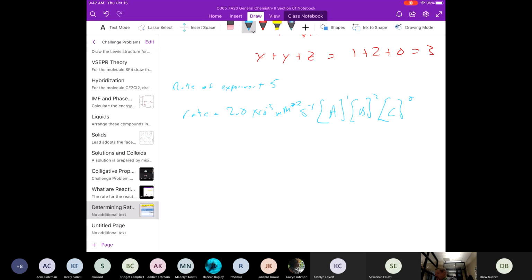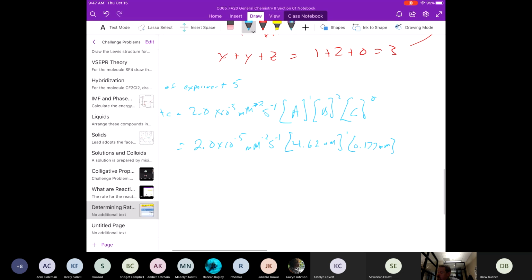So if we look at that, our rate is going to be equal to 2.0 times 10 to the -5 millimolar to the -2 seconds to the -1 times 4.62 millimolar to the 1, 0.177 millimolar to the 2 times 12.4 to the 0. Is that right?